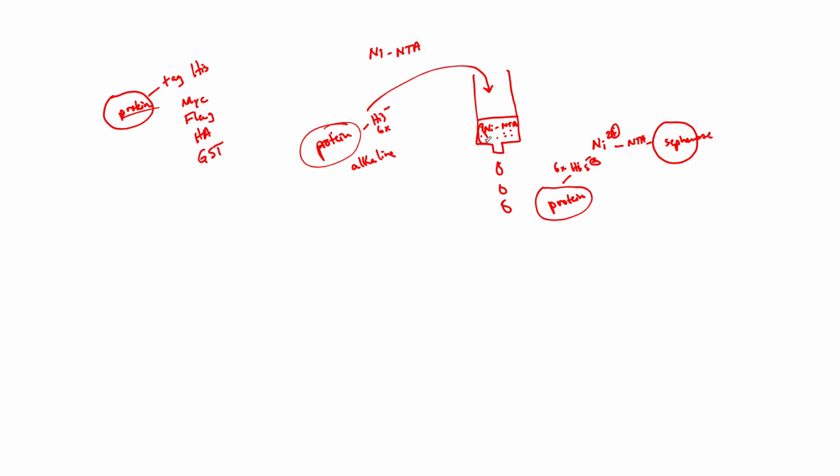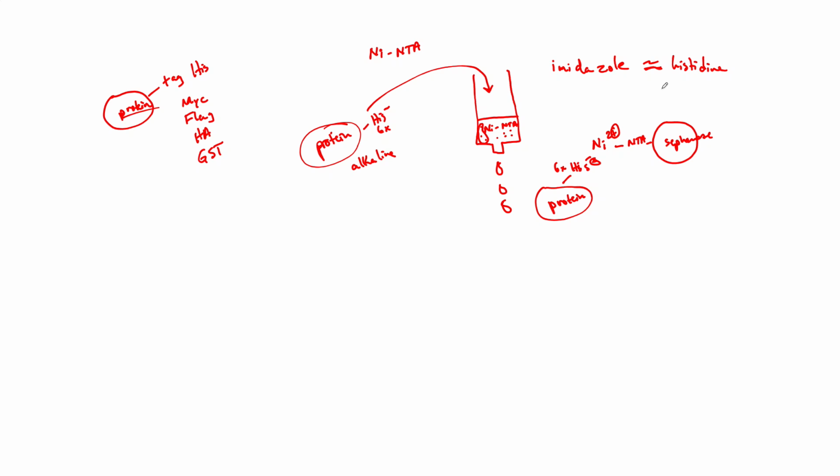What we're going to do to get rid of them, since they aren't bound with a really high affinity, we can actually wash those off using a compound called imidazole, which looks very much like histidine. So it's a structure that's very analogous to histidine.